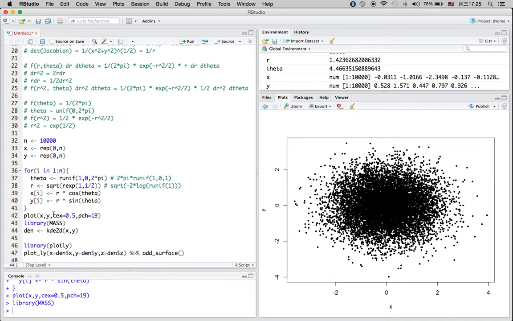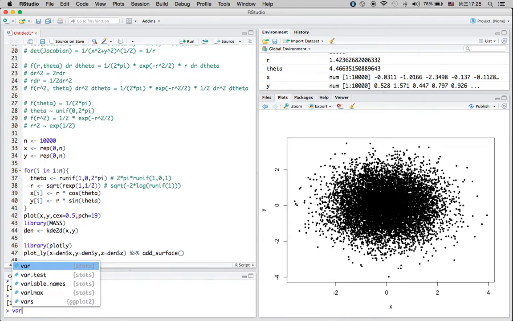Let's see. The mean of x and the mean of y are very small, very close to 0. Of course this is random sampling, so it is not going to return exactly 0.